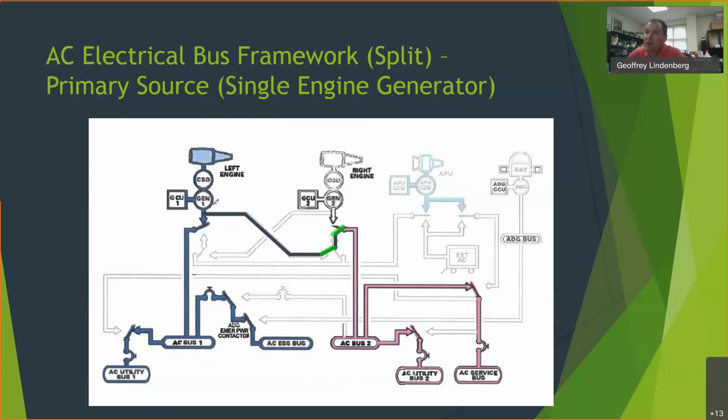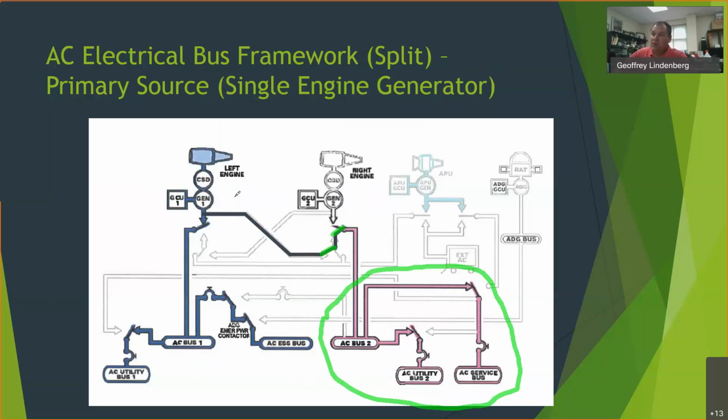So now power for the bus 2 and the utility buses is coming from this, what's called cross tie, over and then powering the right hand half, or the number 2 half, of the electrical system over here. But again, you can see in this case, it's still coming from the number 1 generator. It's still a primary source.